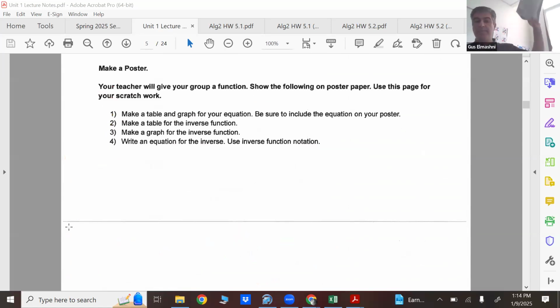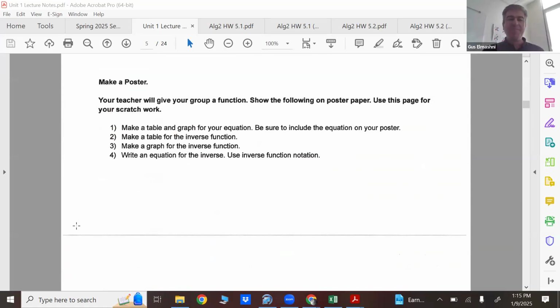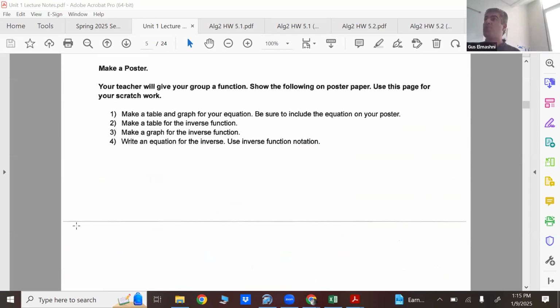You're going to do page 5. Have one person bring out their phone. You can take pictures or record video, I don't care, just don't do anything else on your phone. I want you to at least take a picture and then share that among your group members. You can text each other or AirDrop, whatever you use for communicating.